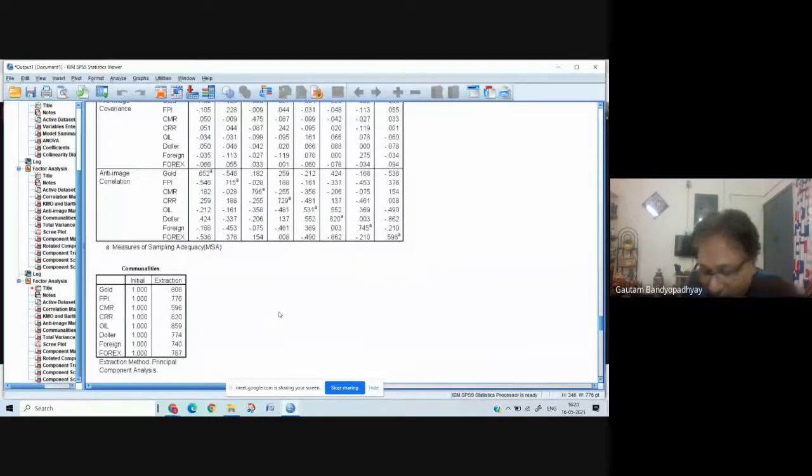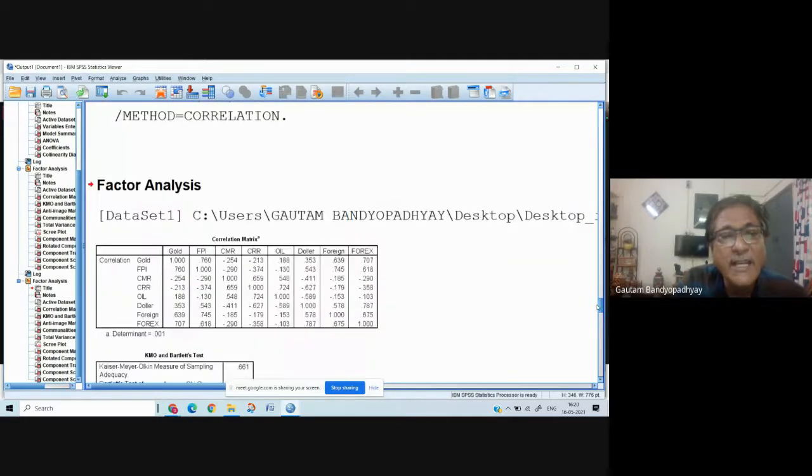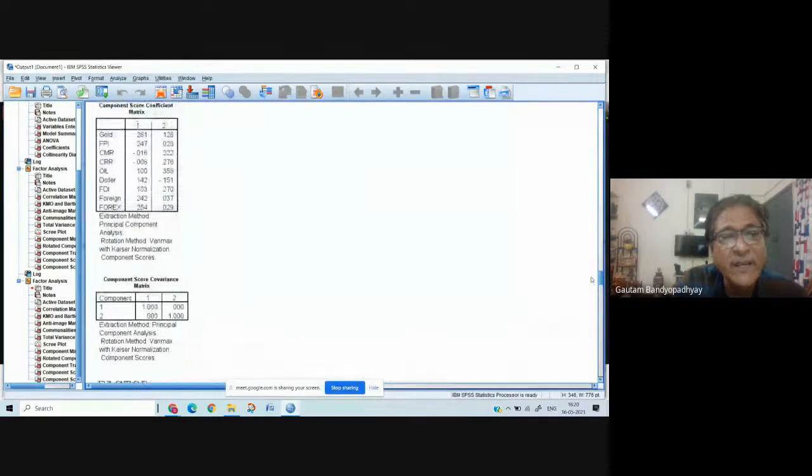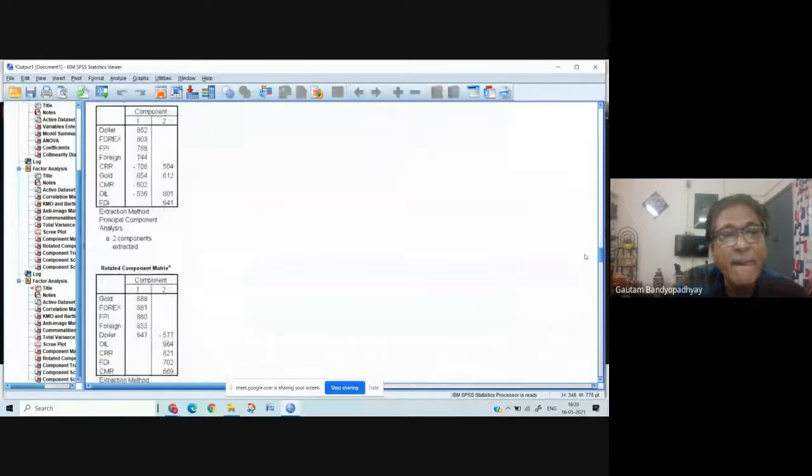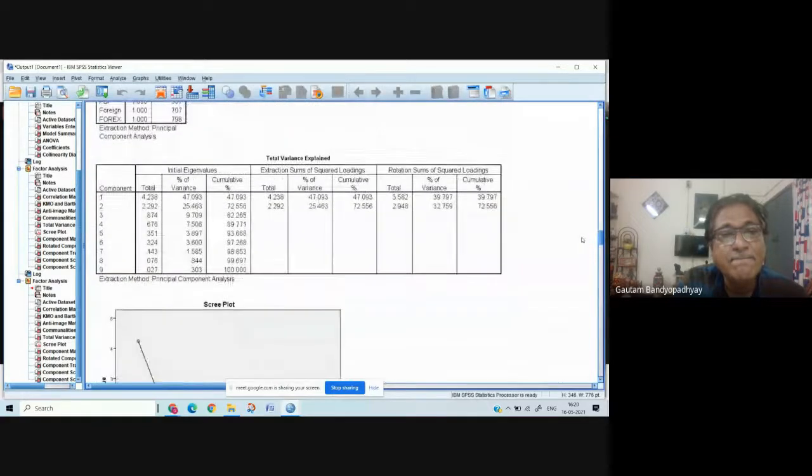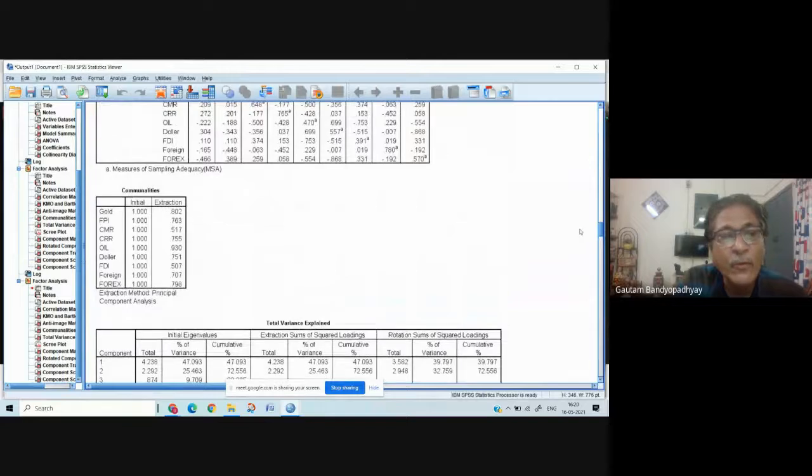Okay. So communality, I already told you, is a very interesting phase for dimension reduction. When you check the communalities, FDI is 0.507, less than 0.6, and CMR is also 0.517.